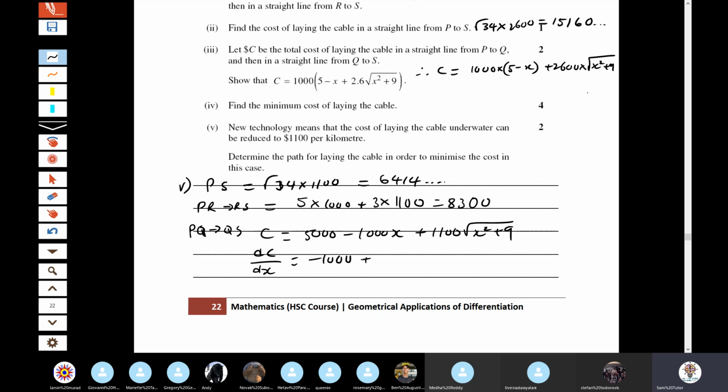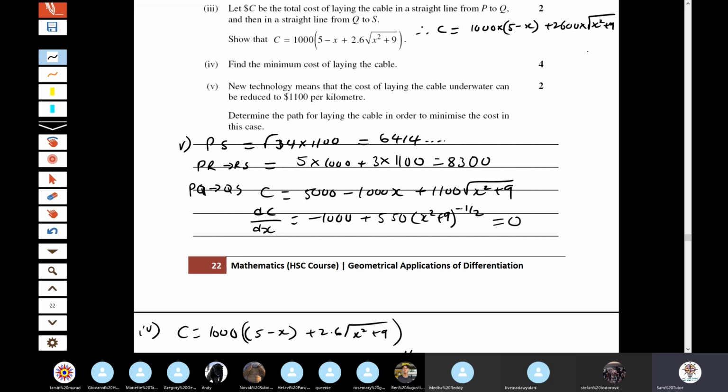Negative 1,000, please. You guys realize something? Negative 1,000 plus half times 1,100, which is 550, x squared plus 9 to the negative a half, times 2x, make it equal to 0. Then we have 1,100x over the square root of x squared plus 9 equals 1,000.